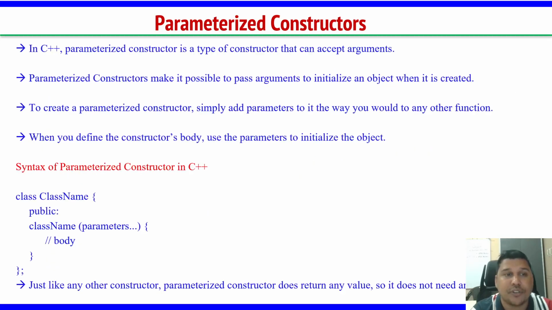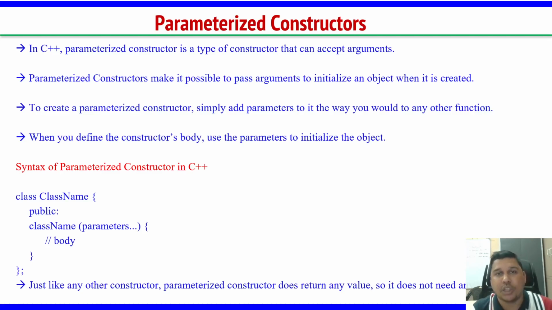So if we recall what we have seen here, parameterized constructors are types of constructor that accept arguments. When you are creating an object, automatically the private data members of the class are initialized with some values. We are saying that a constructor is a way of assigning values to the private data members, and that is the only and the best way to do it.